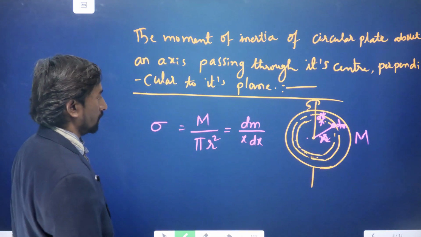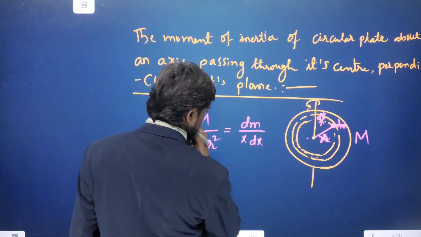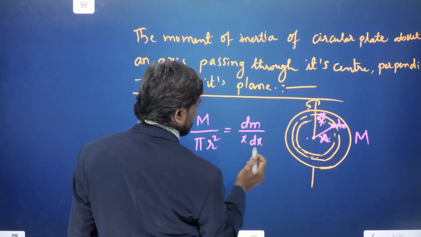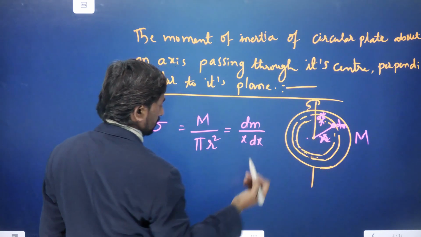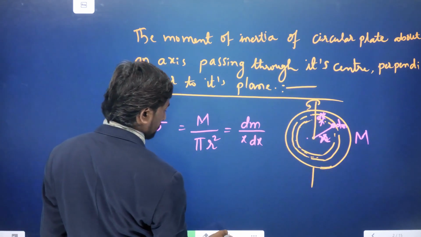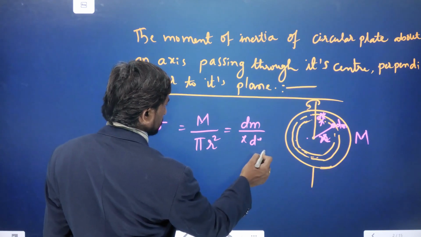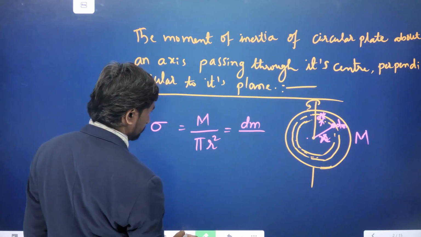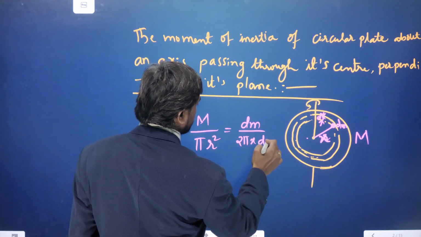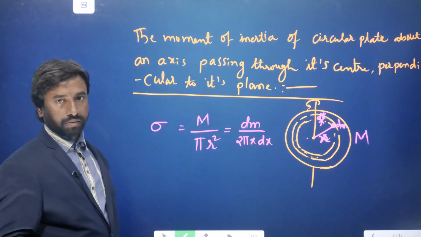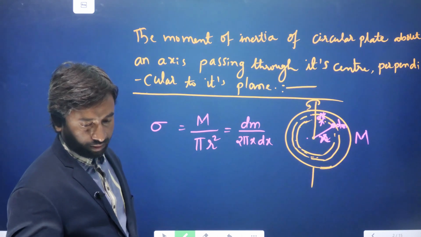So dx into 2 pi x, so that it can cover the total area of the circle. So we can write dm divided by 2 pi x into dx.